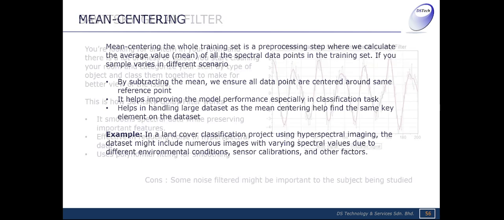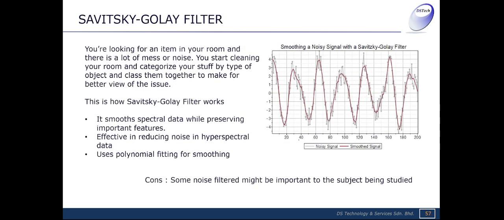Then you can also look at the Savitzky-Golay filter. This generally tries to smooth out your image. There's one problem with Savitzky-Golay: if you smooth it too much, you also lose a lot of information, because generally those sharp edges or sharp peaks are information. It could be noise as well, but we don't really know if it's noise or not.